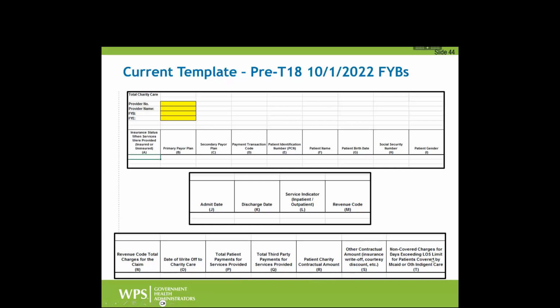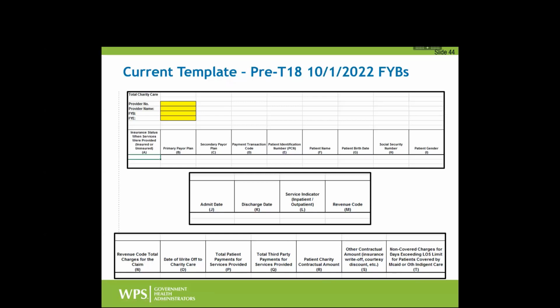By the way, there's an informational column for that length of stay limit for Medicaid. That tells us how much of this needs to be reported on line 25. But the point I'm trying to make here is that we take this total charges, we subtract out the patient payments, the third-party payments, the other non-allowable contractuals, and we should be able to reasonably back into the charity care amount.